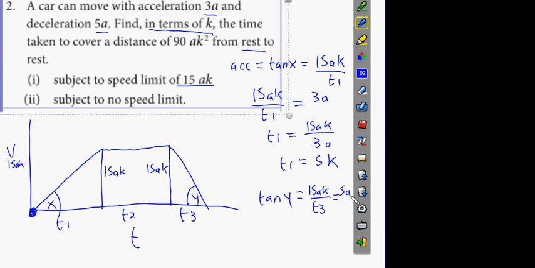Technically, that's minus 5a because it's a deceleration, but it doesn't matter when you're doing the angles. It's just the magnitude you want. So we're going to reverse up T3. Going to divide 15ak by 5a. And what we get there is that T3 equals 3k.